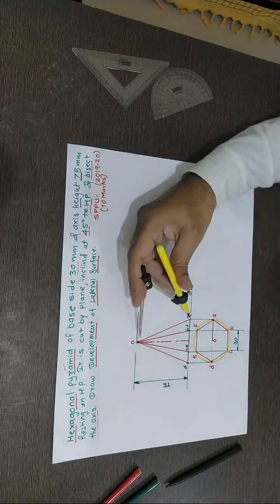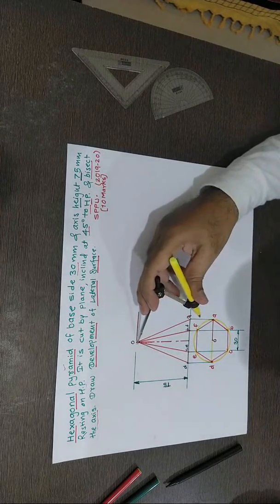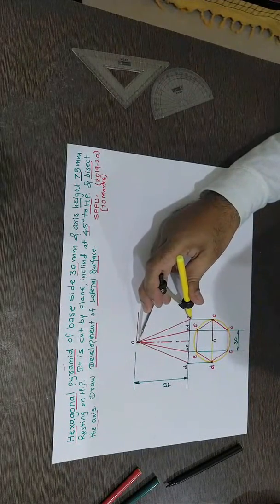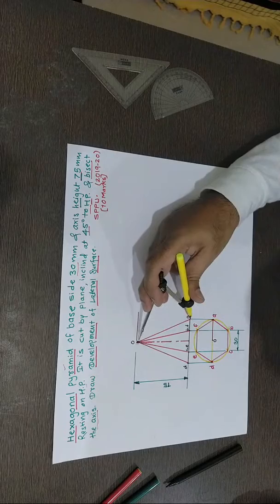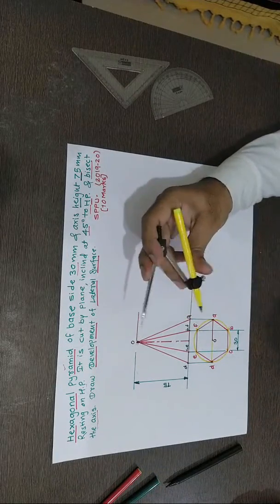Now take OA as radius in the compass. You can start from the same edge also, no problem, but we need to keep the drawing clean and neat. So we'll take this slant edge OA, because it shows true length. Take this in the compass.